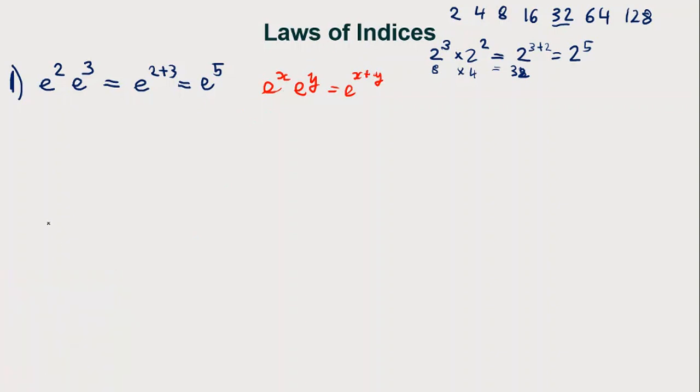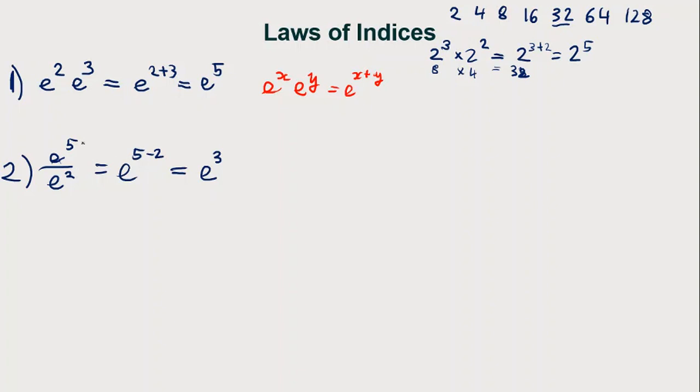Okay, so coming to the second rule. The second rule is the quotient rule. So e to the power of 5, for example, divided by e to the power of 2, let's say, is e to the power of 5 minus 2, and that is equal to e to the power of 3. So the quotient of exponentials using the same base is equivalent to the same base to the power of the difference of indices.